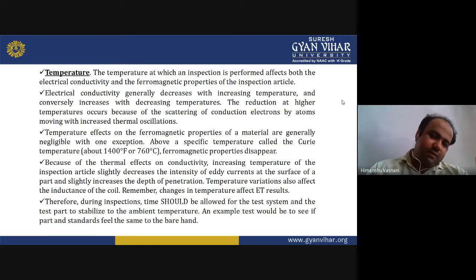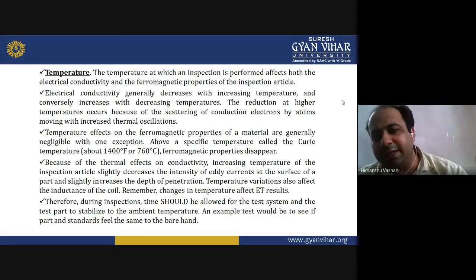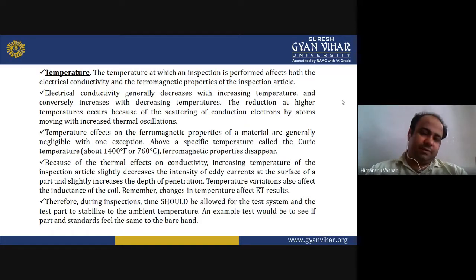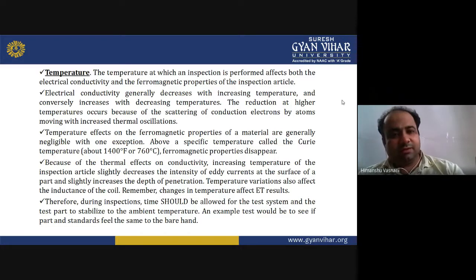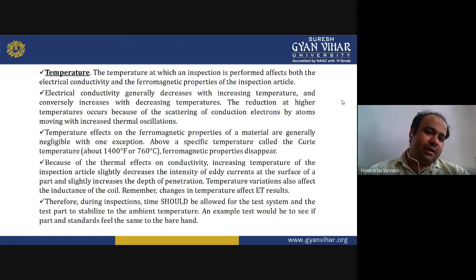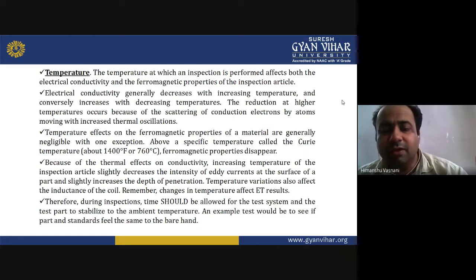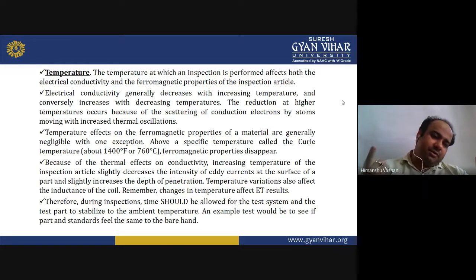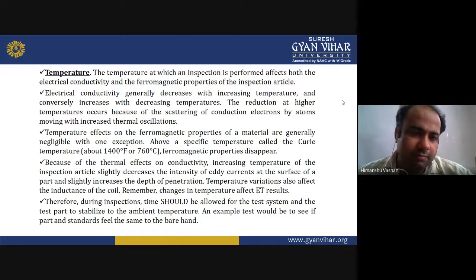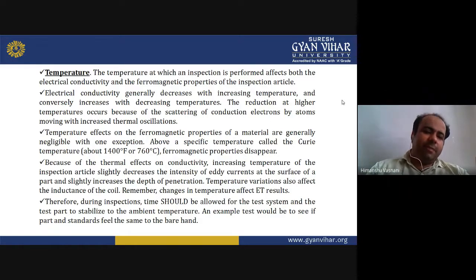This is a thumb rule which we have been studying from the start, that the conductivity of a workpiece will decrease if we increase the temperature, and the converse, that it increases with decreasing temperature. The reduction at higher temperatures occurs because of the scattering of conduction electrons by atoms moving with increased thermal oscillations.